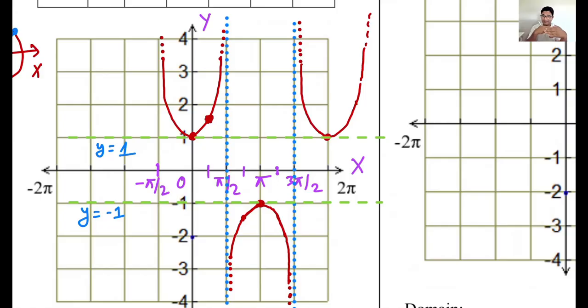And you can see that the values of secant are either less than -1 or more than 1. You don't see anything between -1 and 1. They can be equal to 1 or -1 at like 0 or pi, but not less than 1 or greater than -1.